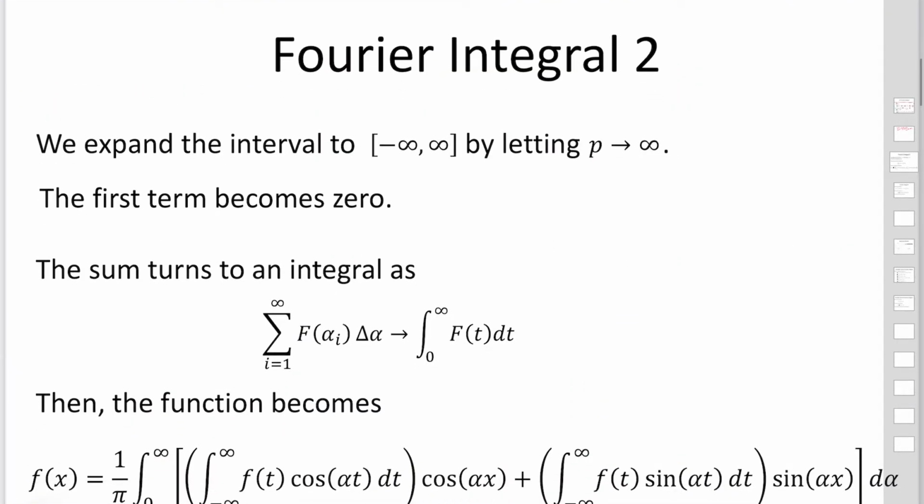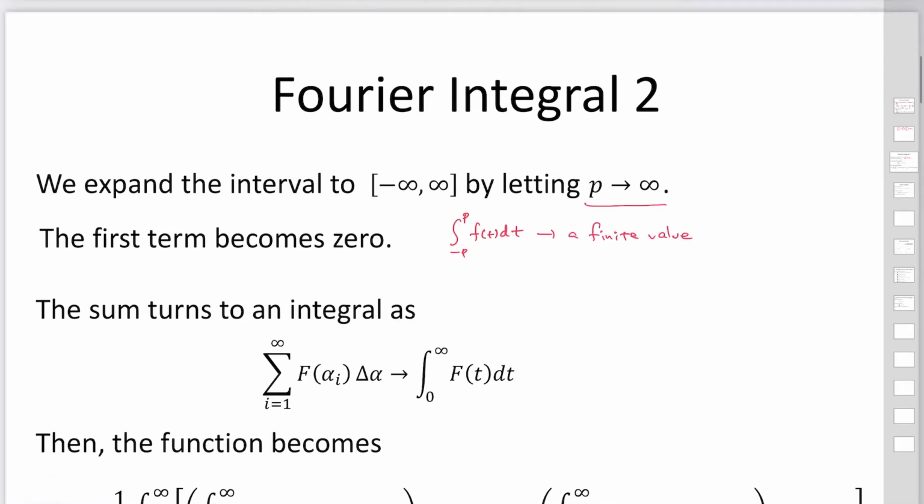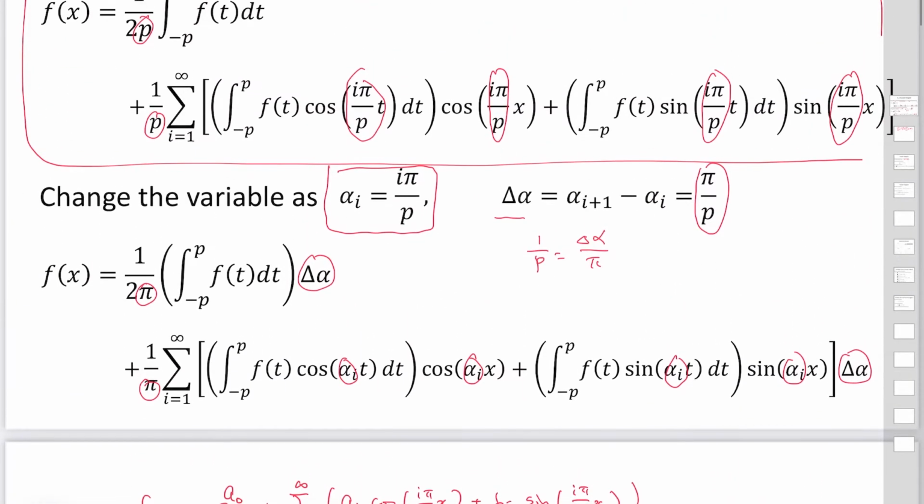Then we'd like to expand the interval to minus infinity to infinity by letting p approach infinity. The first term becomes 0, because the definite integral from minus p to p of f(t) dt converges to a finite value, but the first term is divided by p.